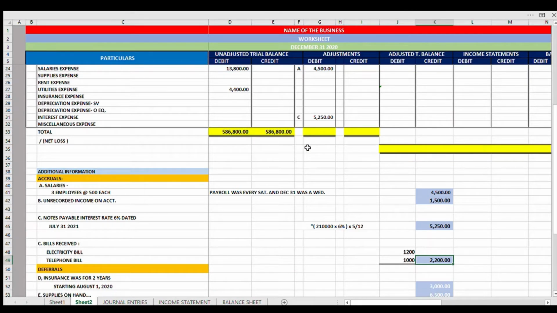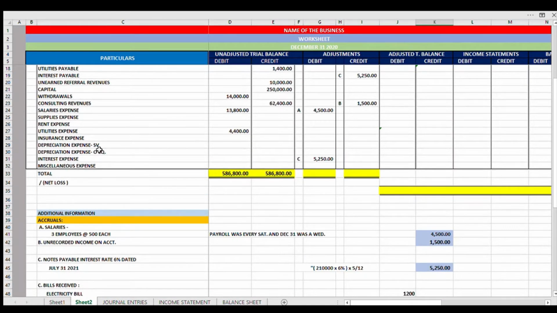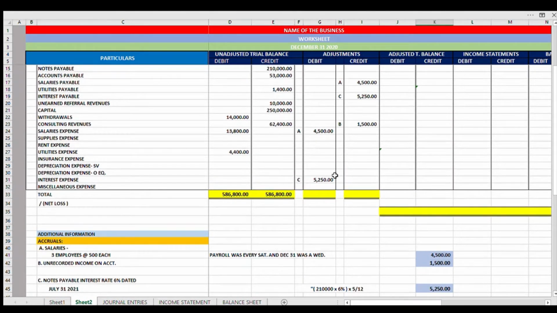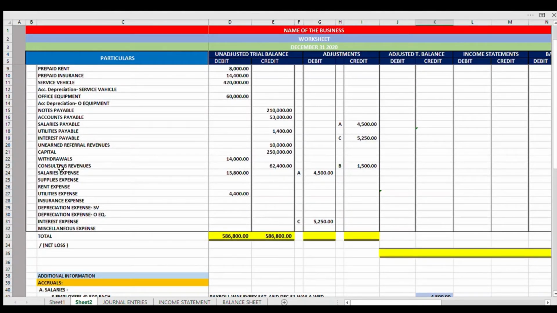So, ito ang ating magiging entry. It will fall under utilities expense. Yan ang magiging title niya. Okay? Oh no, utilities payable ito. So, this is utilities payable.